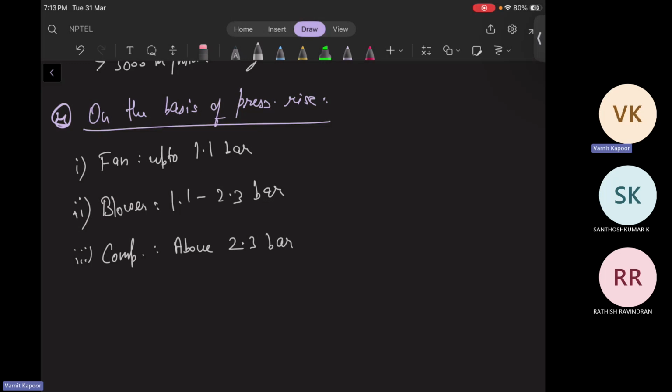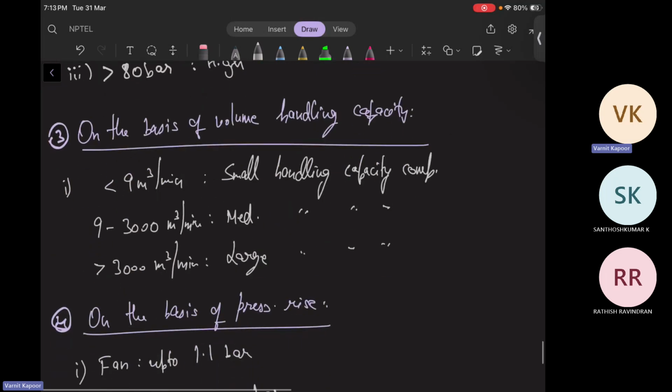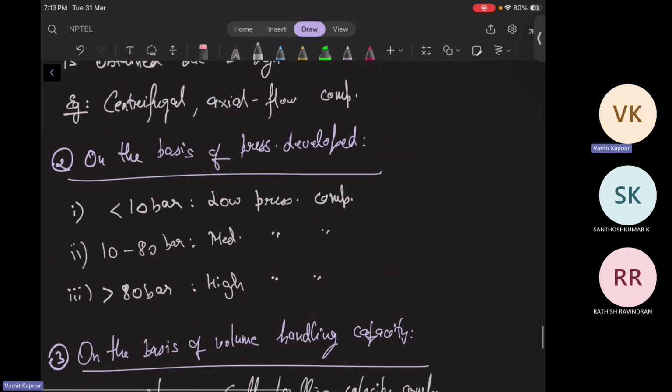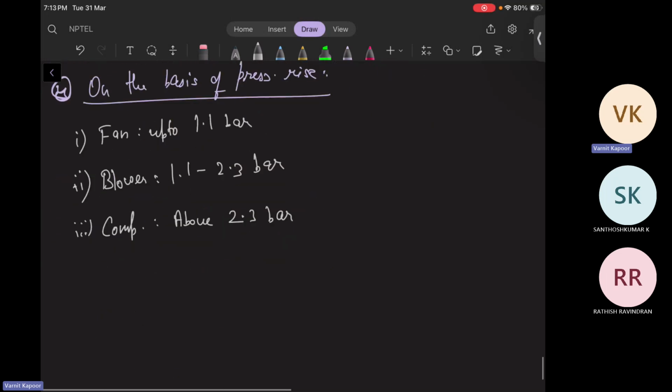Okay. So we can make a small table for pressure handling capacity and volume handling capacity between these categories. Let me make a table here.